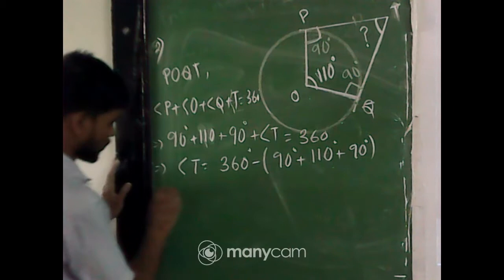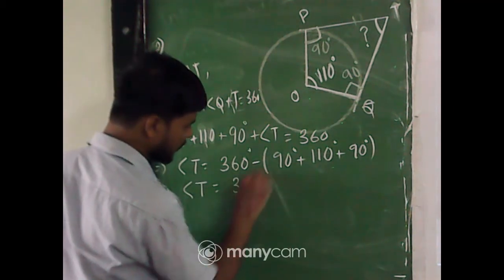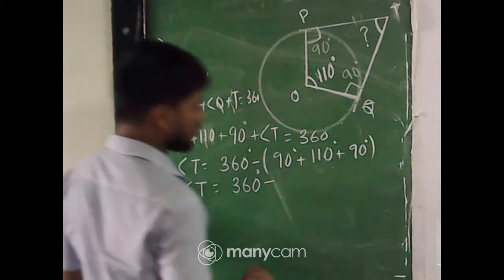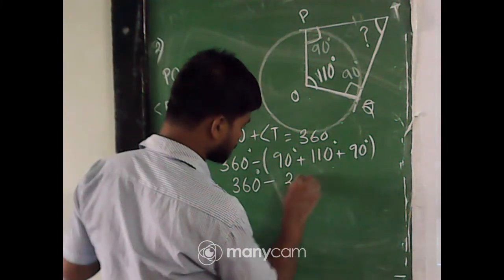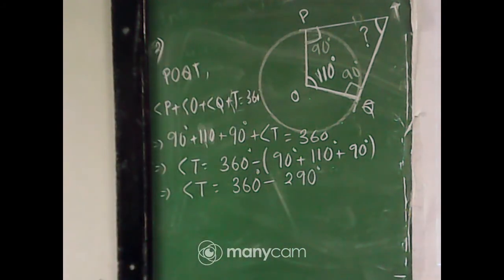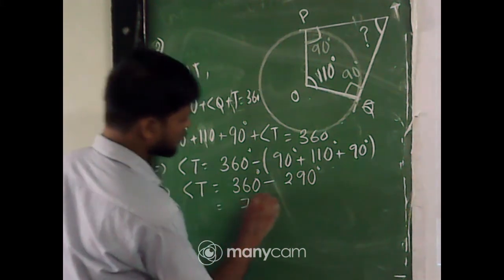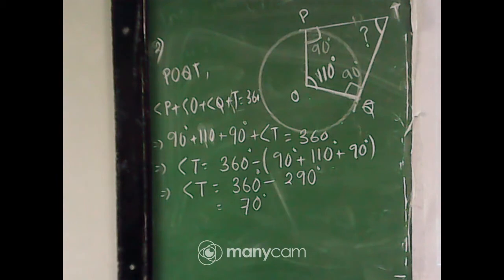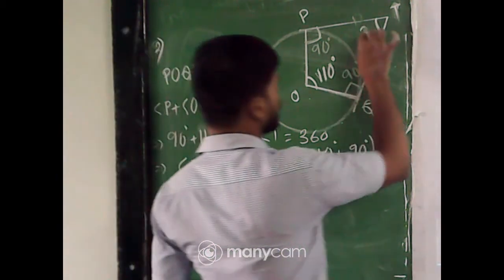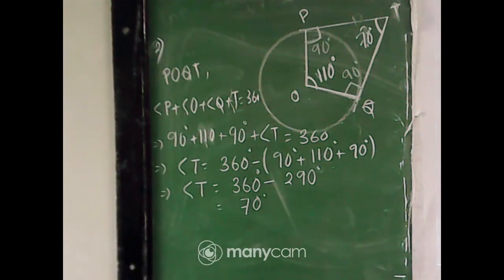Now do the calculation. That is 290 degree. Subtract 290 from 360. I think 70 degree. Yes, 70 degree. So angle T is equal to 70 degrees. This is the answer.